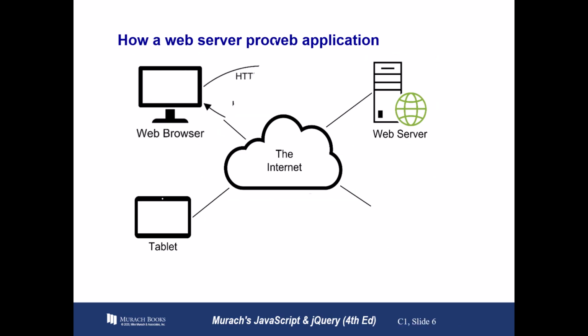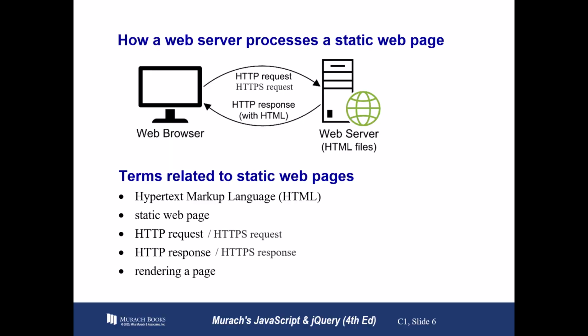As with anything computer related, there's a protocol that is going to be used for making the request. A web browser makes a request to a web server either using the HTTP or HTTPS protocol. Here, HTTP stands for Hypertext Transfer Protocol, and HTTPS stands for Hypertext Transfer Protocol Secure.